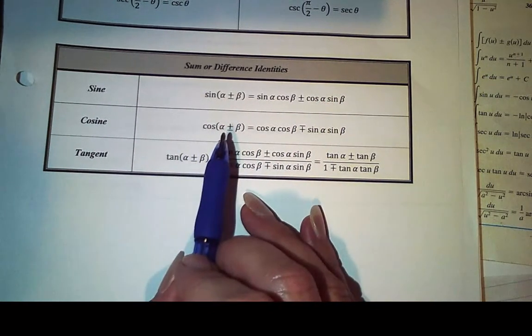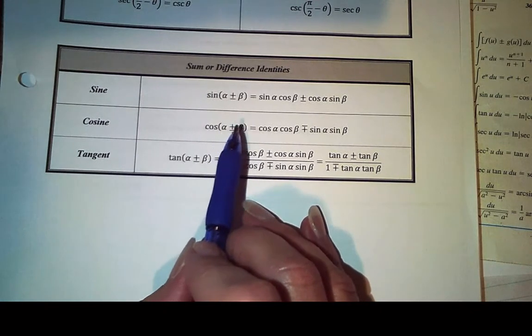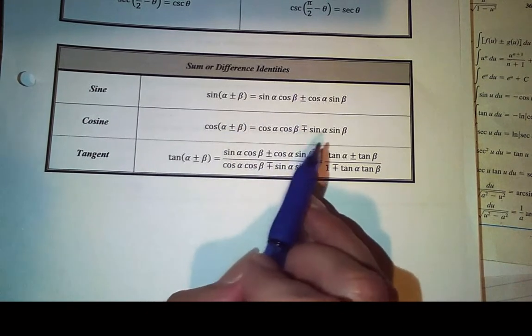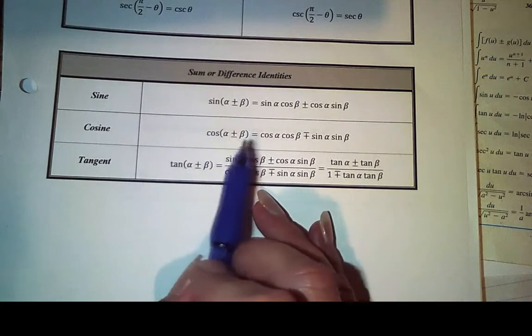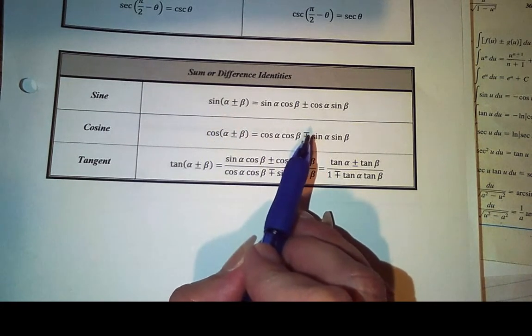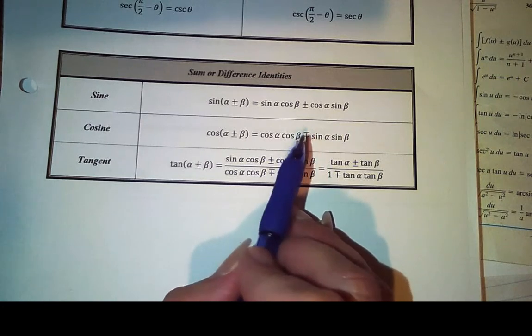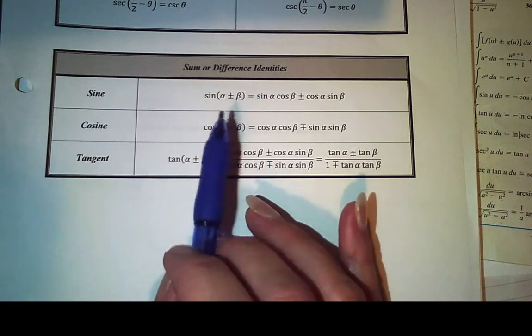So now, why am I doing this to you? Because if you look at cosine, it's inverted. So if I have alpha plus beta, since addition is on top, when I move over here, it inverts. And so if I add two angles together on this side, I'm actually going to change it to subtraction on this side. So these aren't typos. These are legitimate identities.